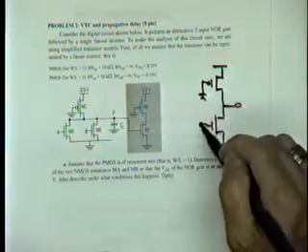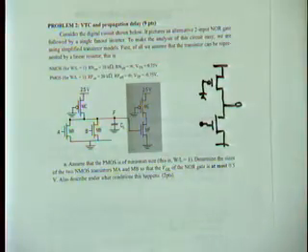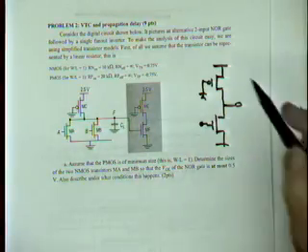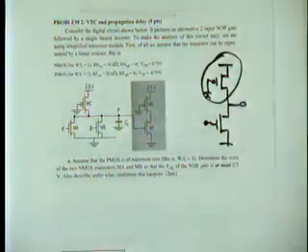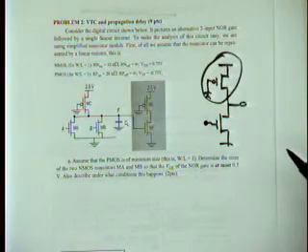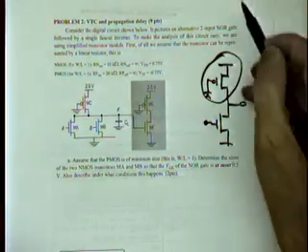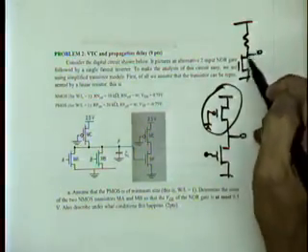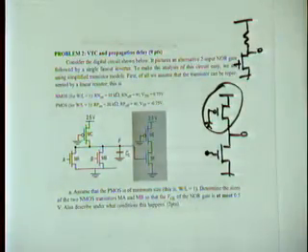Okay? This inverter we call a pseudo NMOS inverter. Don't ask me why, I won't explain it right now. But it's called a pseudo NMOS inverter. What this PMOS does is almost act like a current source. That's really what it is. It's like your resistive load with an NMOS. It's very similar in concept. Right?